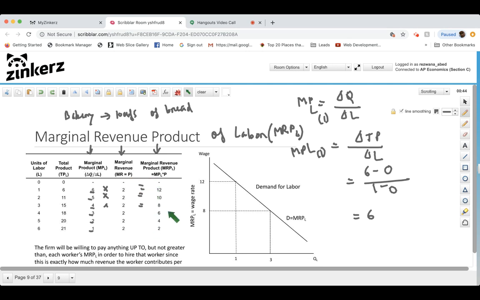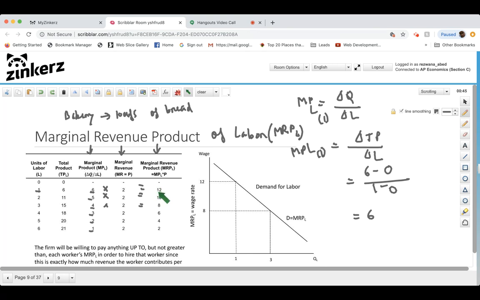What this is saying is that for the first worker, the maximum amount that farms would be willing to pay to hire that first worker is $12, because this is the marginal revenue product of labor for that first worker. He is adding 12 additional dollars to the farm's total revenue.